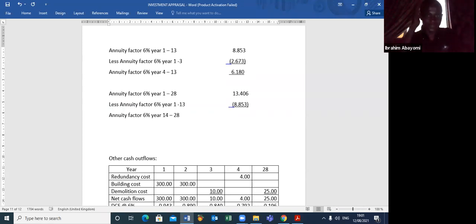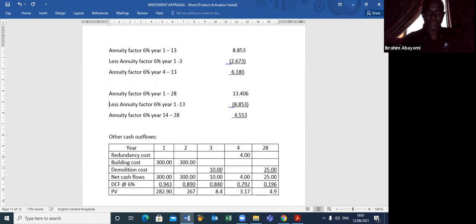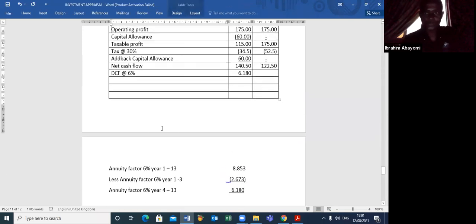That's 4.553. I'm going to put it there, 4.553.